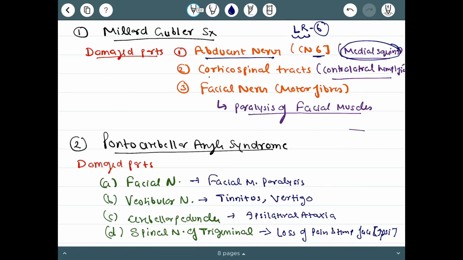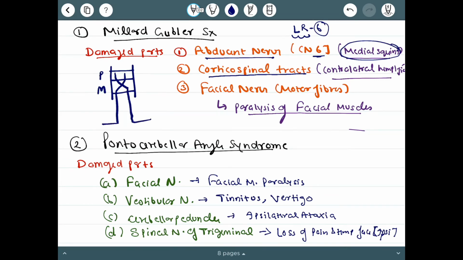Now we will see another part, the corticospinal tract. The corticospinal tracts are affected, and what was the function of the corticospinal tract? We have studied that it carries the motor fibers to the muscles. You see that this is the pons and this is the medulla; as we have studied, above is the pons and below is the medulla. The corticospinal tract comes like this, crosses in the medulla, and goes downward to supply the various muscles.